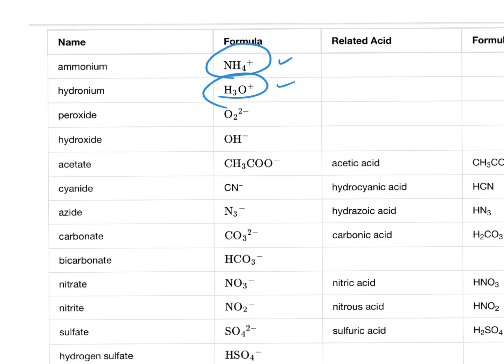And this one is the same as H+. So when we start talking about acids, well, that's in it. Okay? So if the compound has either ammonium, hydrogen, or H3O+, it is also an ionic compound.